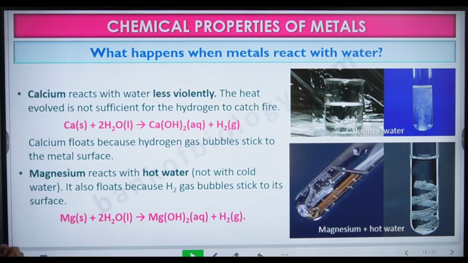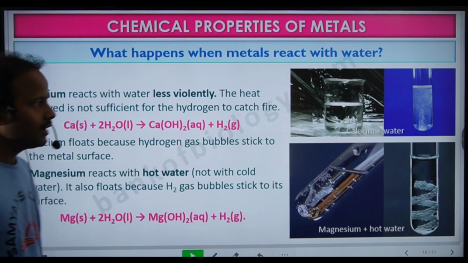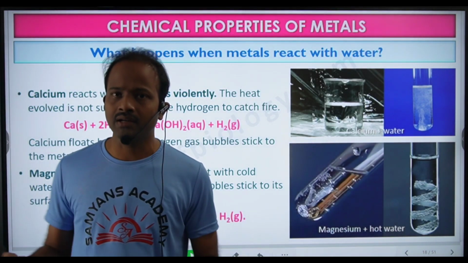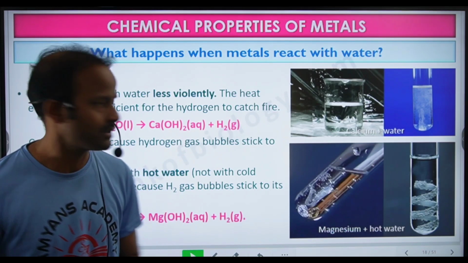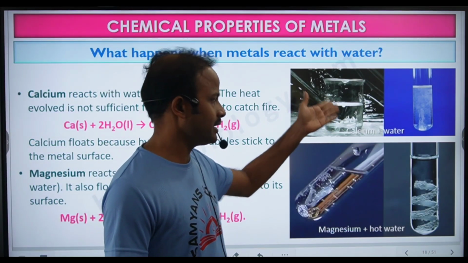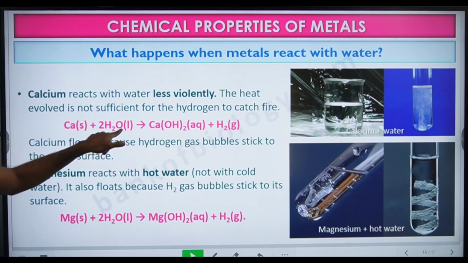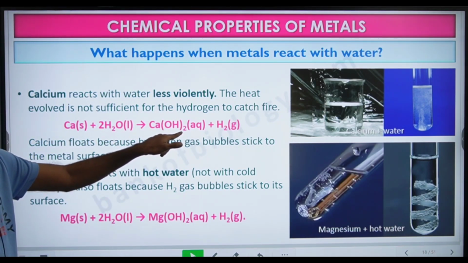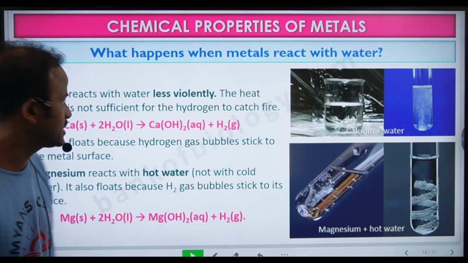The heat evolved is not sufficient for the hydrogen to catch fire. So in the case of calcium we cannot see the fire, right? When calcium reacts with water, it forms calcium hydroxide aqueous solution, and it also liberates hydrogen gas. Is it clear?